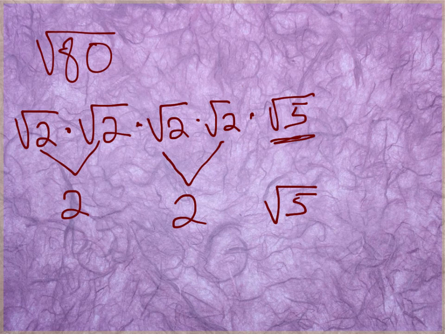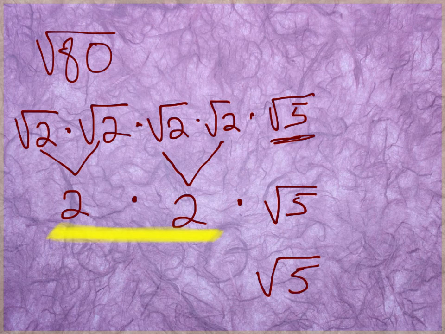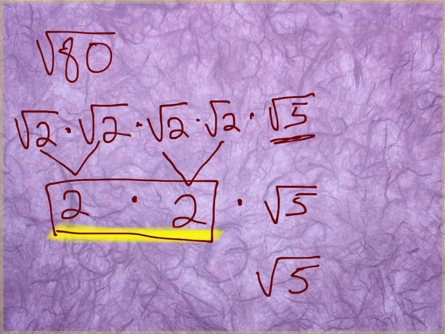Now, at this point, these two numbers right here, even though they're the same, I can do one thing to them to simplify it even more. Treat the square root of 5, just leave it alone. Just bring it down. That's going to be part of your answer. With these two numbers here, I'm going to combine them. Well, what's 2 times 2? 4. Boom.